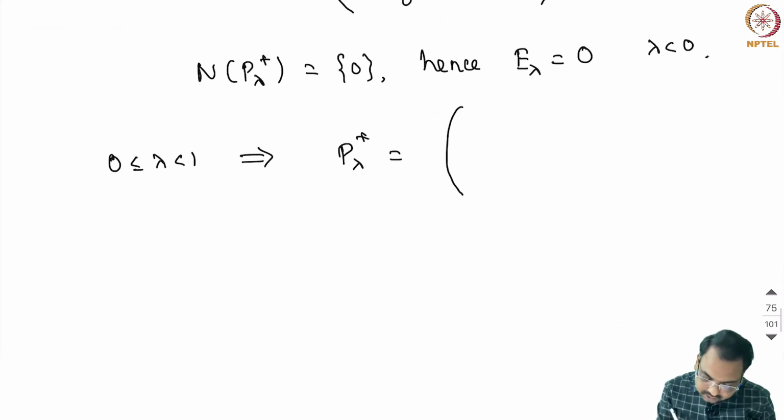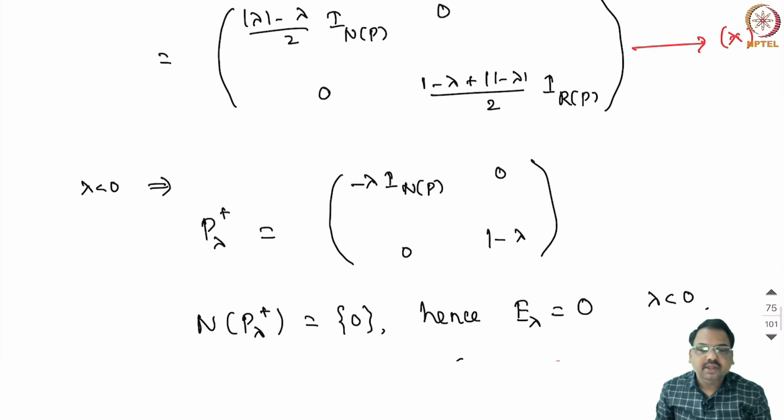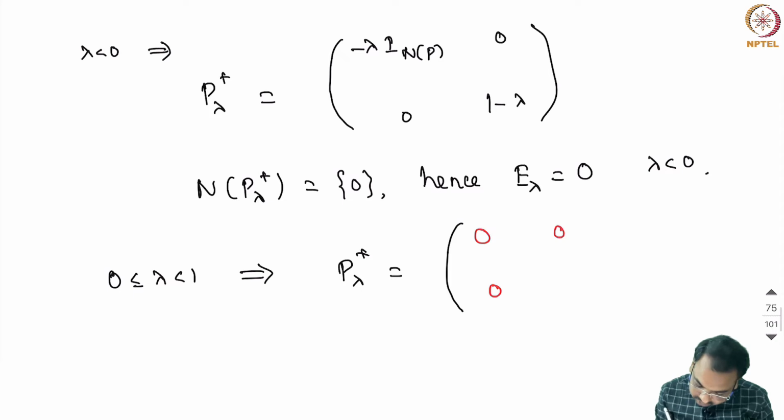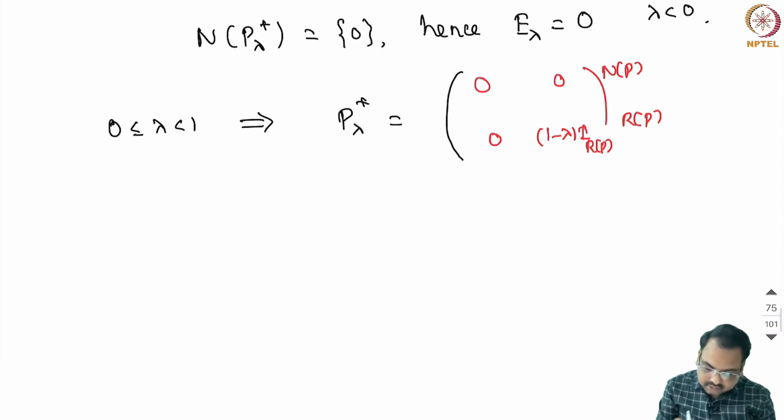So P lambda is 0 0 0, and when lambda is less than 1, 1 minus lambda is bigger than 0, so you will get the last entry to be 1 minus lambda. This is on the null space of P, this is 1 minus lambda identity on the range of P. This is what we get for P lambda in this case.